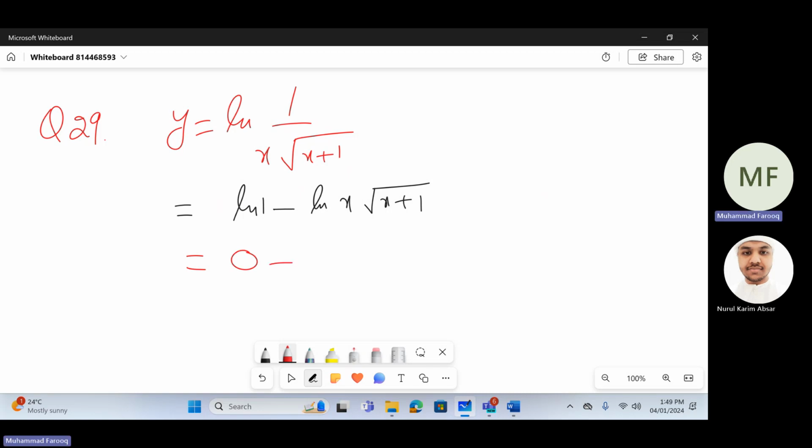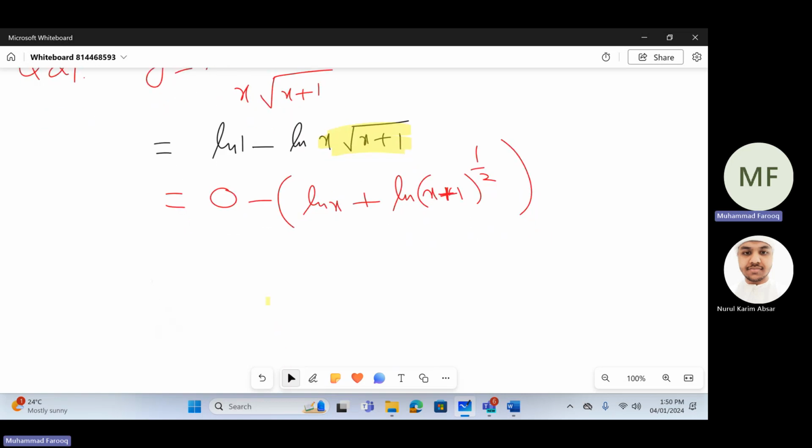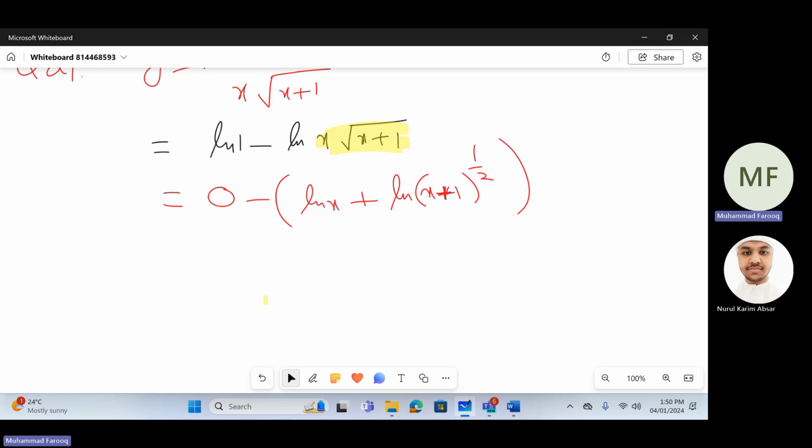Minus. Look here, this argument has a product, so be careful, we have to use brackets here. Now apply: ln x plus ln of x plus 1, because x and x plus 1 are multiplying. The argument has a product, so that's why plus. Square root means how much power? Half. So we can write the square root of x plus 1 as half power. And we take it down as a half because it is an argument power.